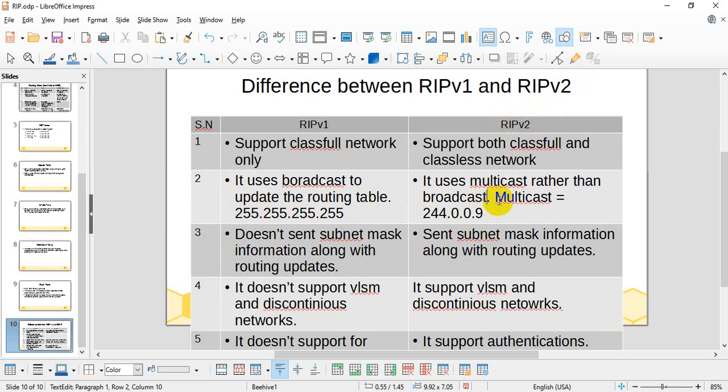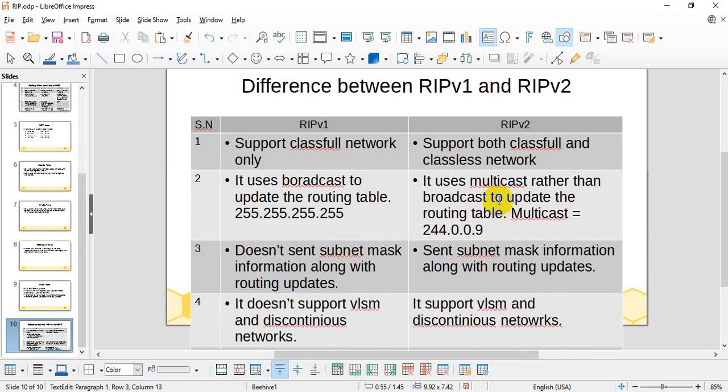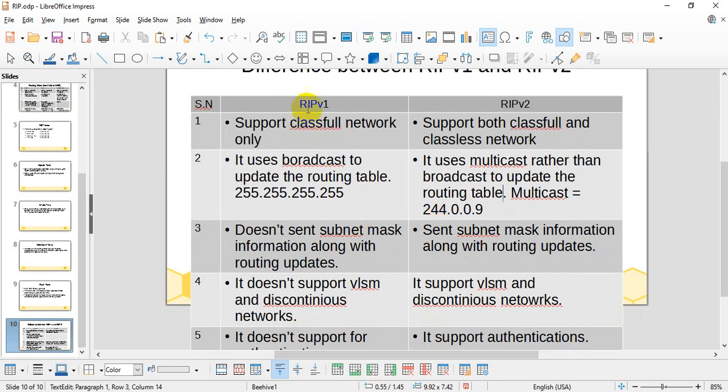And the multicast address will be 224.0.0.9. And RIP version 1 doesn't send the subnet mask information along with routing updates, but RIP version 2 sends the subnet mask information along with the routing update.